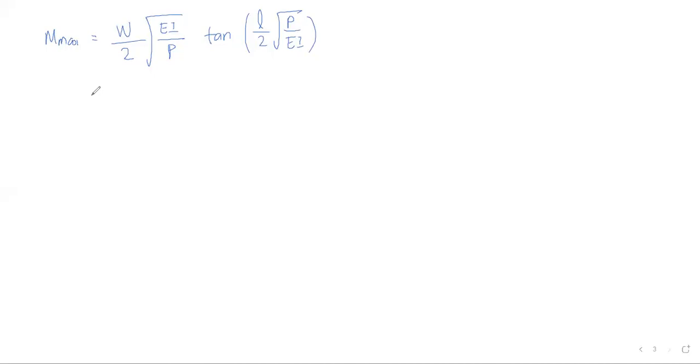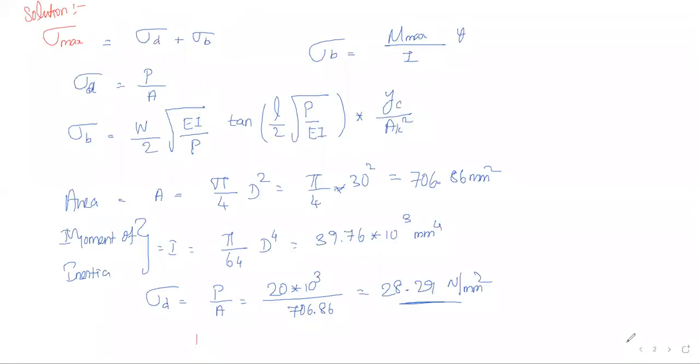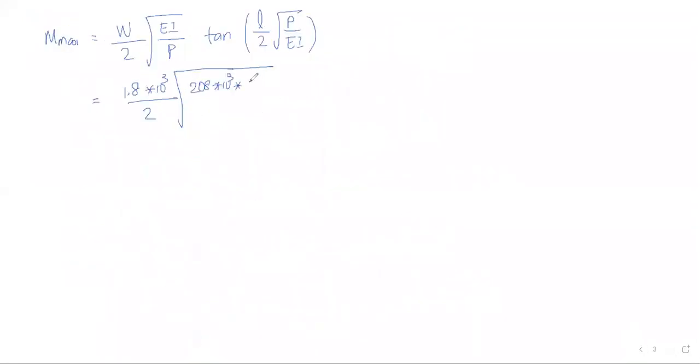W is 1.8 kilonewton, so 1.8 into 10 cube divided by 2 into root under E value 208 into 10 cube into I value 39.76 into 10 cube, divided by P. Load P value is 20 kilonewton, 20 into 10 cube, into tan L by 2.